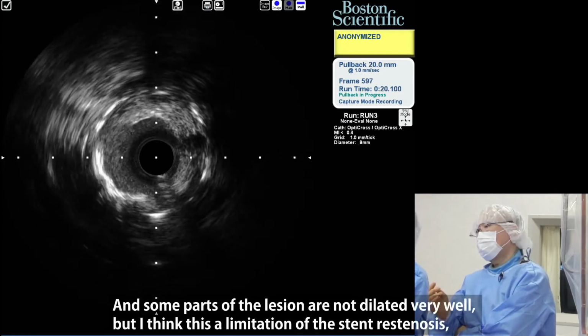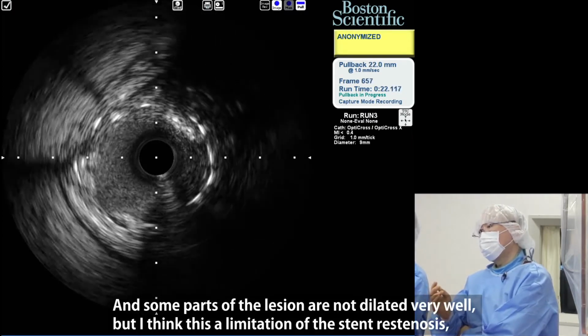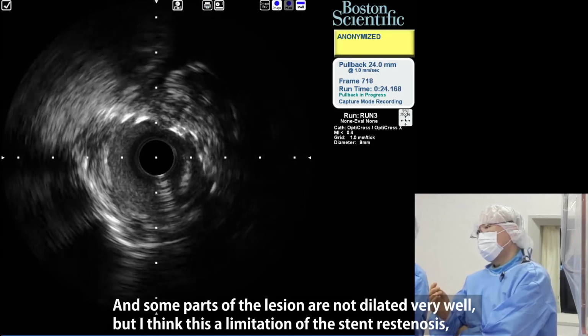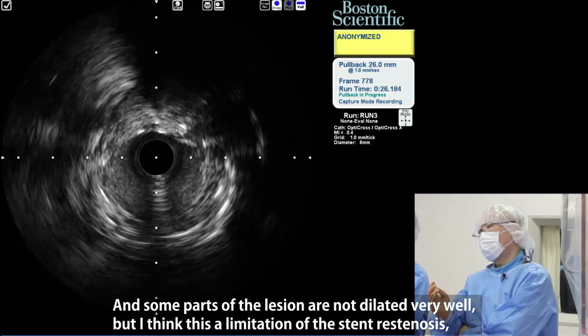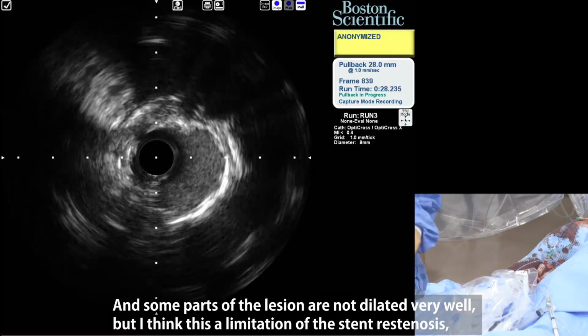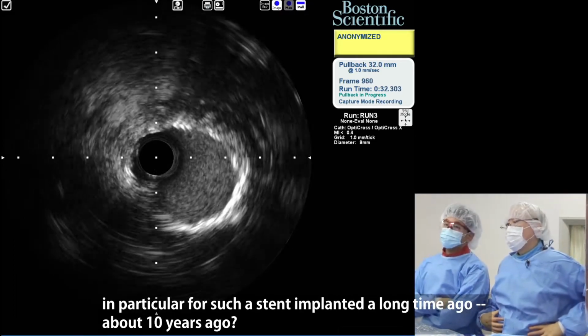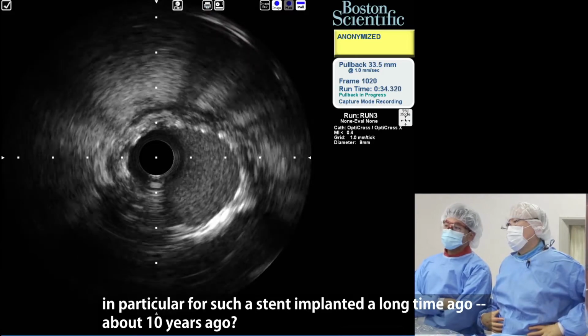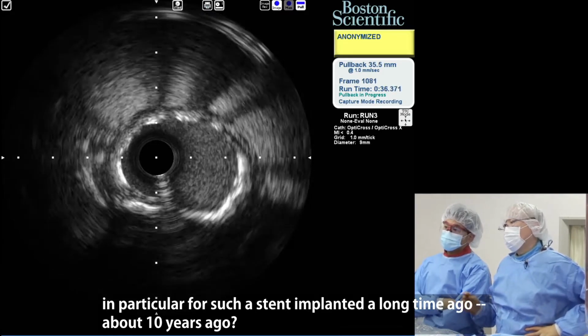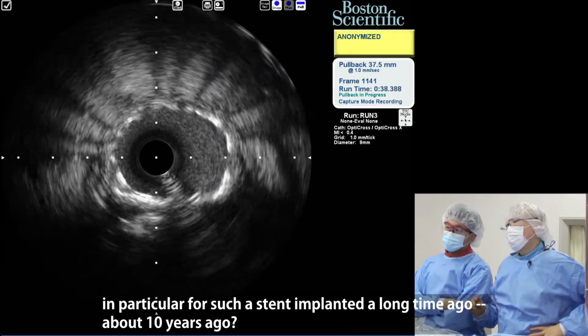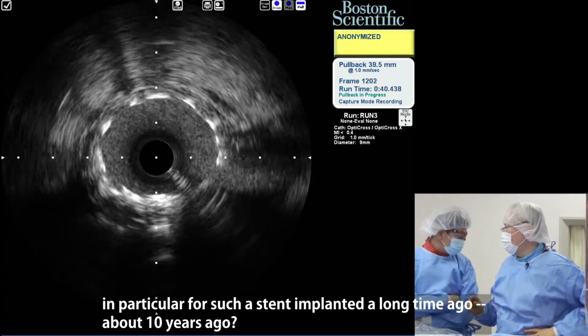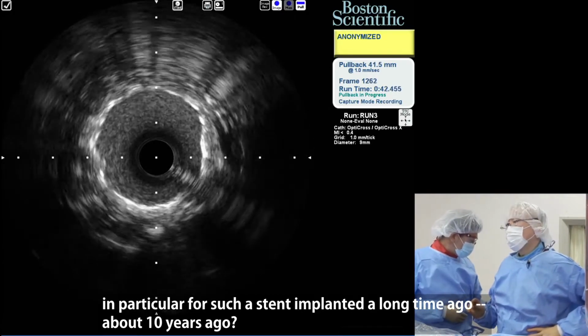And some part of the region is not dilated very well, but I think this is the limitation of in-stent restenosis, in particular, such a stent implanted a long time ago, about 10 years ago.